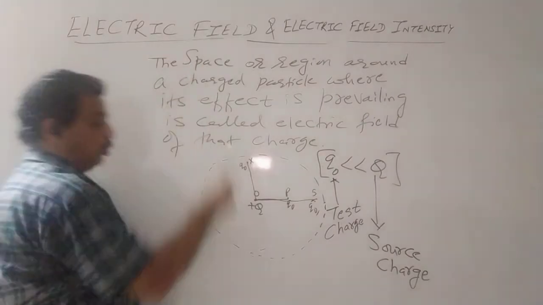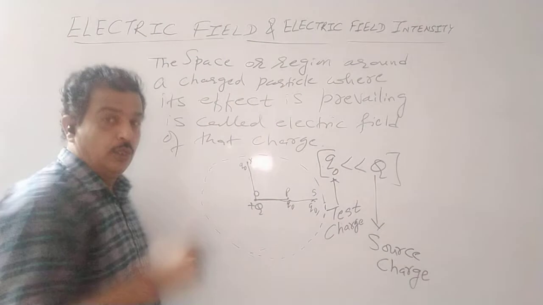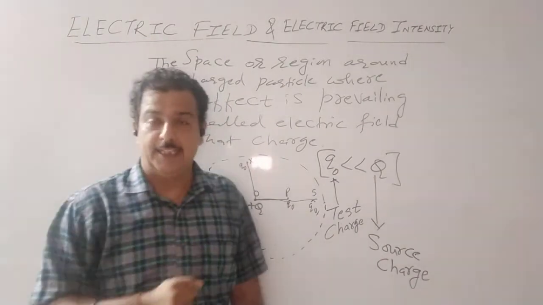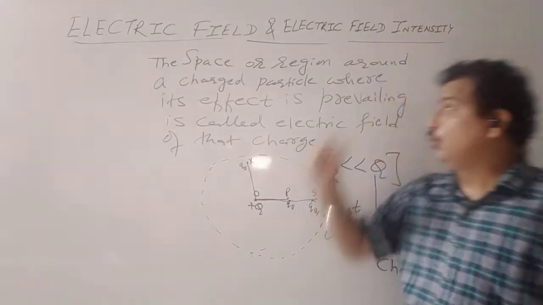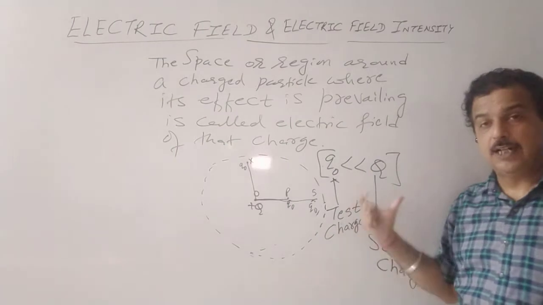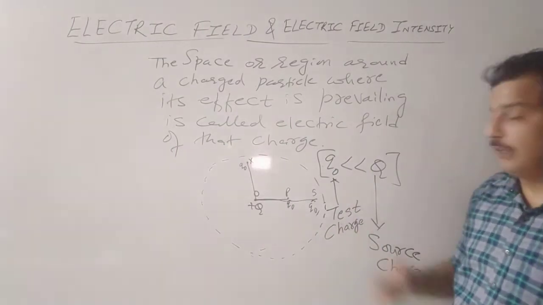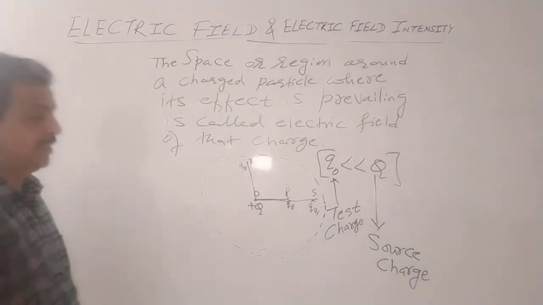So, इलाका भी source का, ताकत भी source की, और ताकत को चेक करने के लिए जो चार्ज तुम रखोगे, you will keep a charge to determine the strength will be referred as a test charge. So now onwards we should be using the words source charge and test charge.